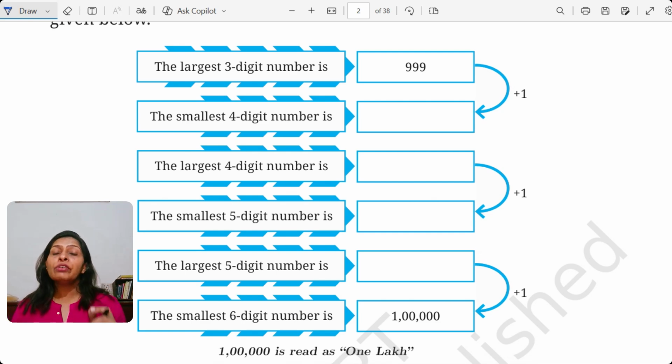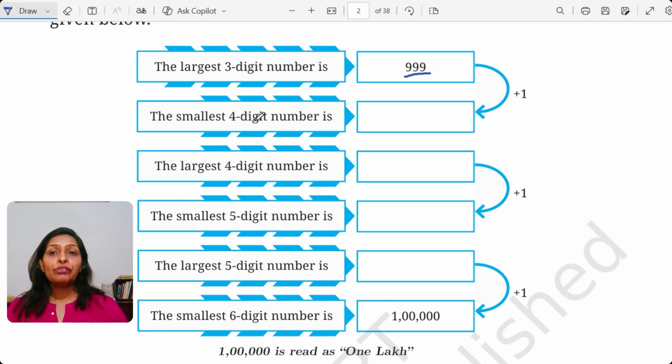Whenever we make the largest number, we consider 9, and for the smallest number, we consider 0, unless there is a special condition. Here the largest three digit number is 999.